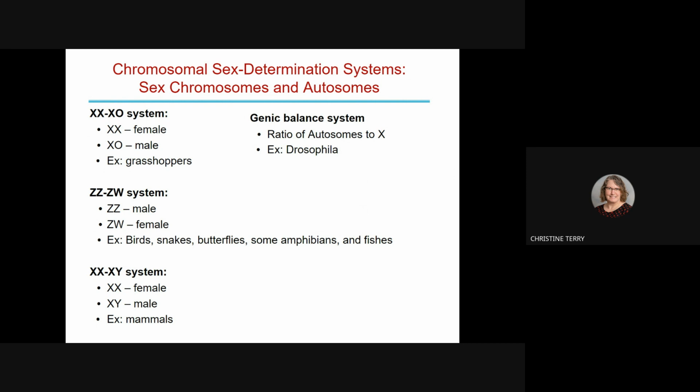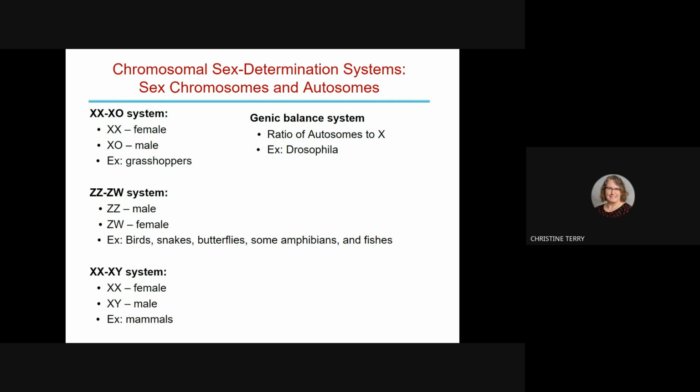We get in our minds that XX are females and XY are males, and we know that's even more complicated in humans, but not all organisms do it the same way. Not all organisms have females that are genotypically XX and males that are genotypically XY.